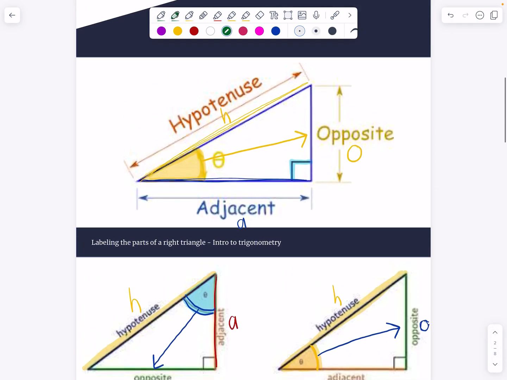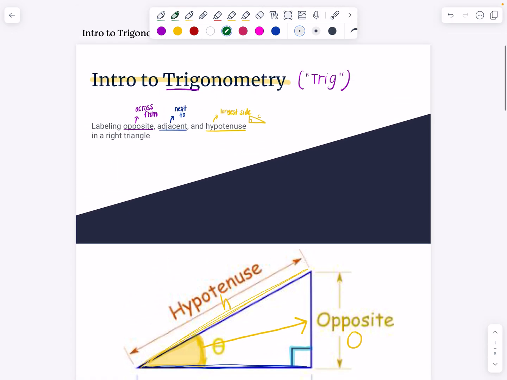And just remember for the opposite, the adjacent, and the hypotenuse, I'm going to draw this out. Here's my right triangle. I called this triangle A, B, C. And I put numbers on it, 3, 4, and 5. From angle A, my hypotenuse is always going to be the longest side of the triangle. It's across from the right angle. So there's my hypotenuse.